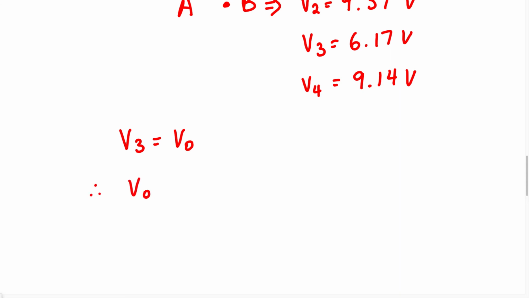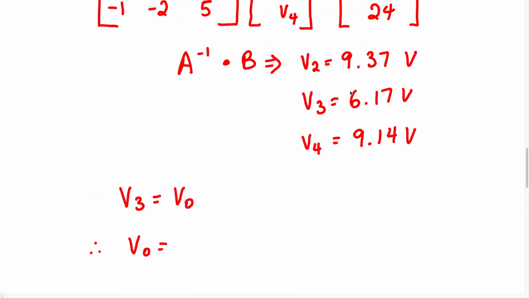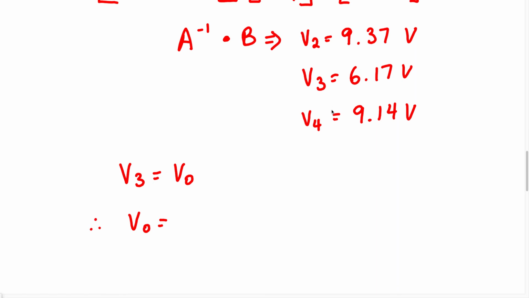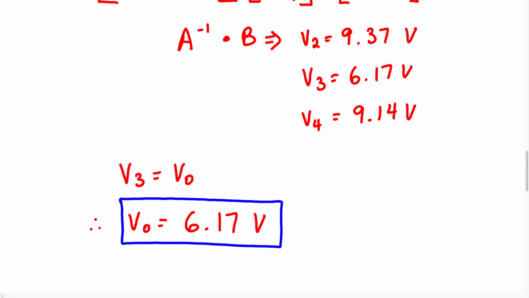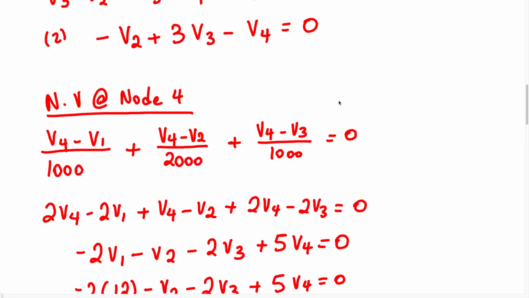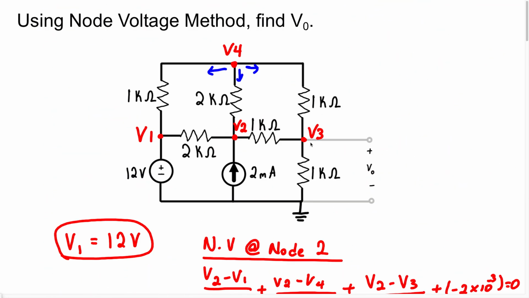Therefore, VO equals the value of V3, and that's going to be 6.17 volts. So the voltage across that resistor is going to be 6.17 volts, and that's going to be the same voltage at node 3. So V3 equals VO.